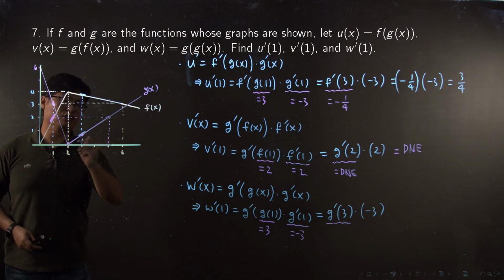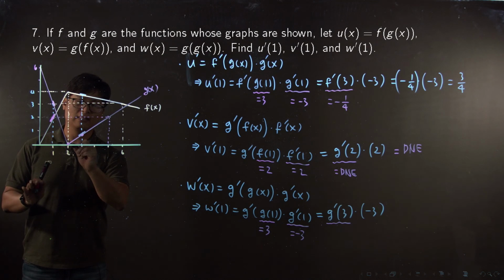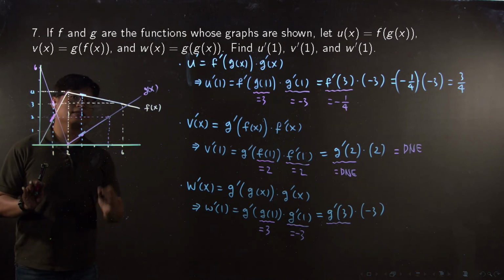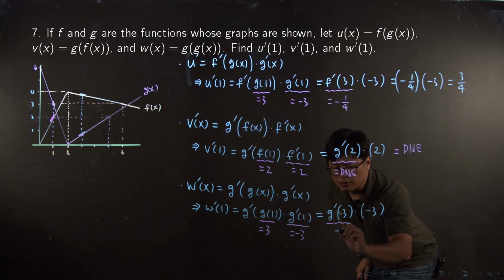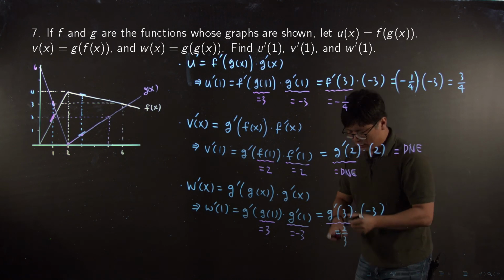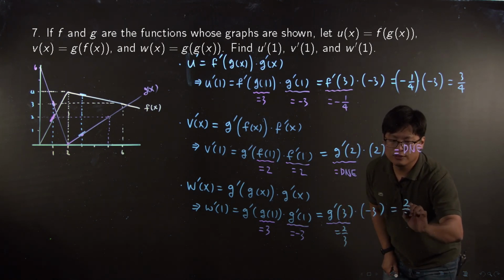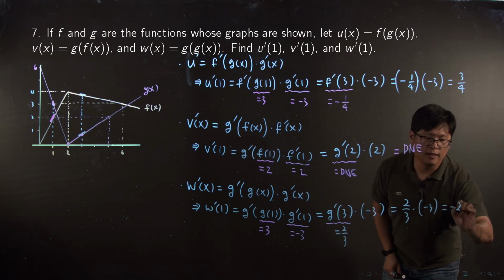Which means as long as you figure out the slope of this line, that's enough, okay? Look at that. This line, 3 run and 2 rise, so 2/3 is the slope of this line, right? This is 2/3. Almost there. So let me update. That is equal to 2/3 times -3, which is -2.